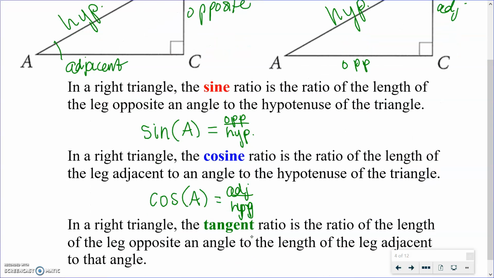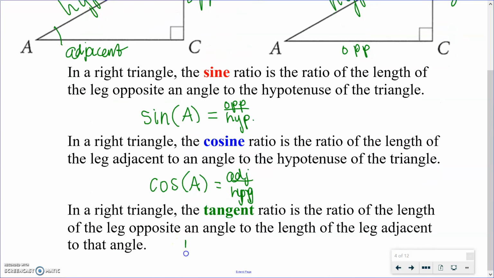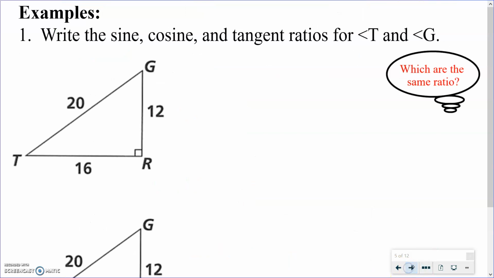And the tangent of an angle is always going to be the opposite over the adjacent side to whatever angle we're referencing. Okay, so those are what we practiced setting up yesterday. Today we're going to actually plug in angle measures and solve for missing sides.